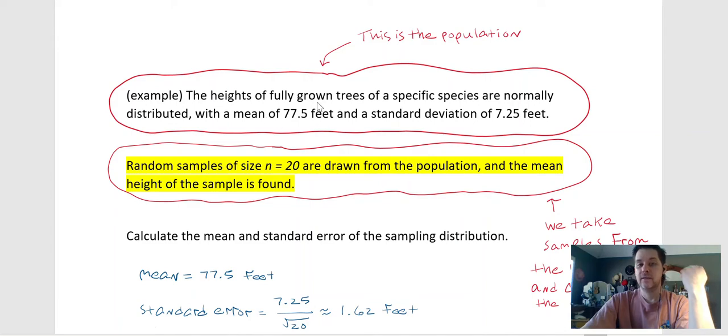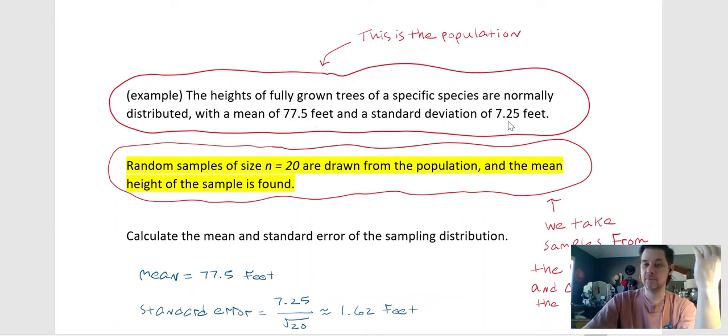I can tell you that most of the trees have a height within one standard deviation of the mean. So most trees of this particular kind are going to be between 77.5 minus 7.25 feet and 77.5 plus 7.25 feet.